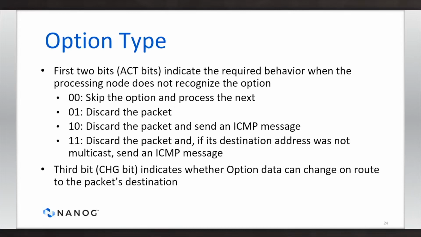The third bit, the change bit, indicates whether the option data can change en route to the packet's destination. Normally, there are very few fields in an IP header that can change en route to a destination. Maybe DiffServ, maybe ECN, certainly hop count. But here, you're finding options with this change bit set are allowed to have their values changed.